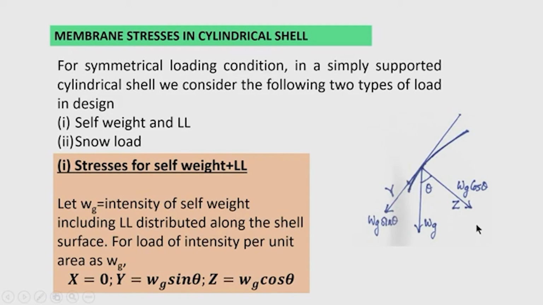After resolving in the radial direction it becomes W g cos theta, and resolving in the tangential direction at this point it becomes W g sin theta. So the components of the loads are specified, and X is 0, the longitudinal force along the shell surface is assumed to be 0.